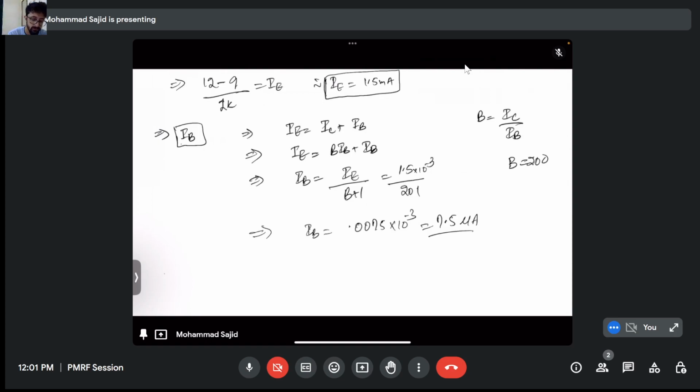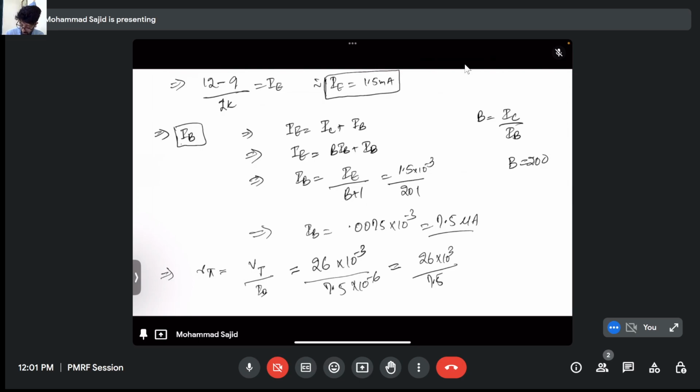Now what next? R pi. R pi is VT by IB, right? So this is 26 into 10 to the power minus 3 divided by 7.5 into 10 to the power minus 6. So it will be 26 into 10 to the power 3 divided by 7.5.